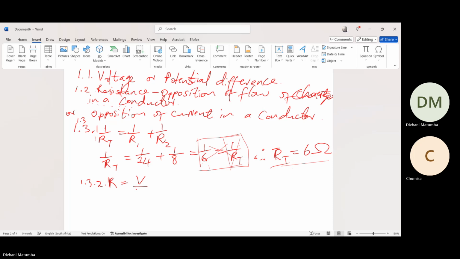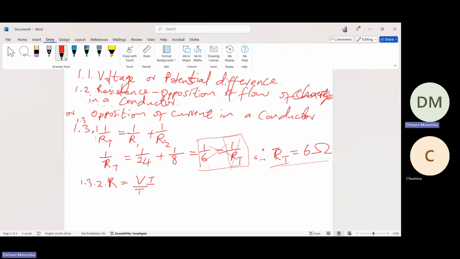Okay. Is that Ohm's law? Remember, Ohm's law doesn't change.